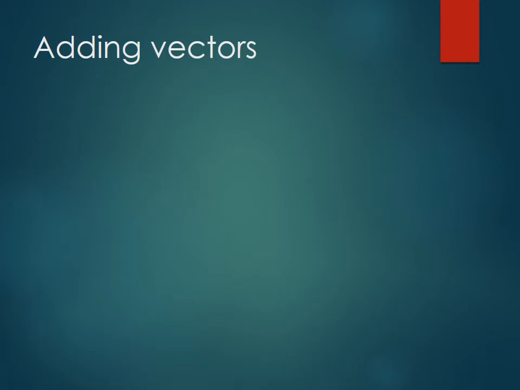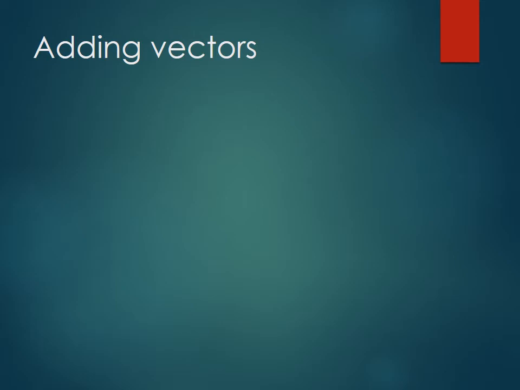Okay, so why do we even need vector components? Well, we have to add vectors in physics. One of the biggest reasons we add vectors is when we get to forces. If we're going to add up all the forces acting on an object to figure out if they're balanced or not, unfortunately, forces won't always be in just the x direction or just the y direction.